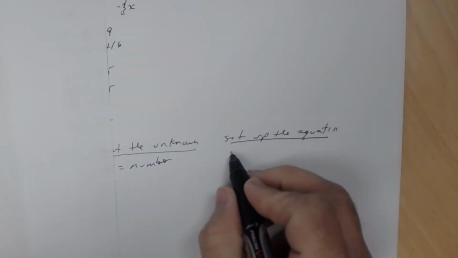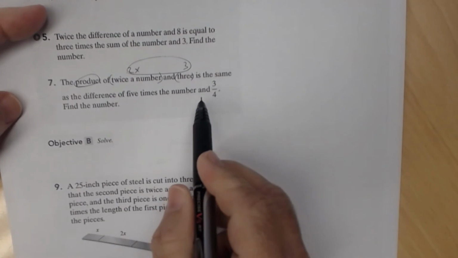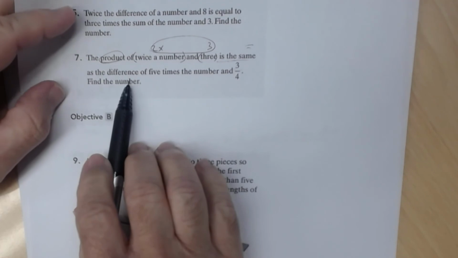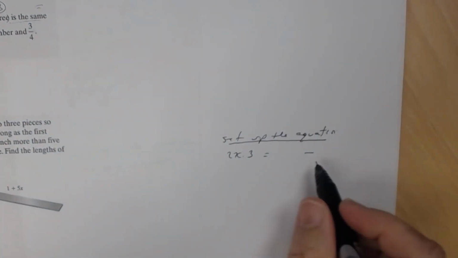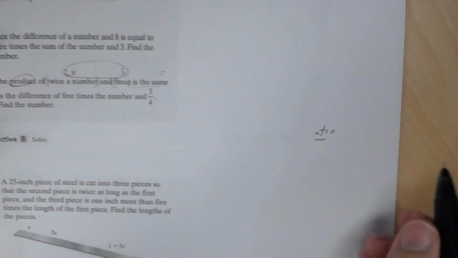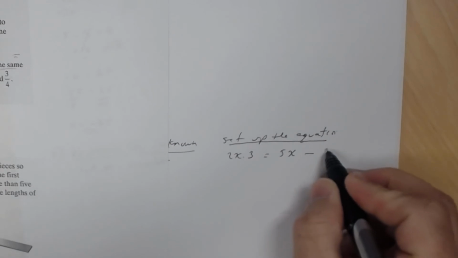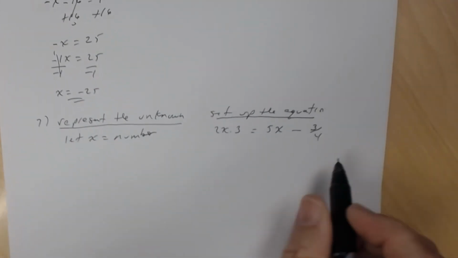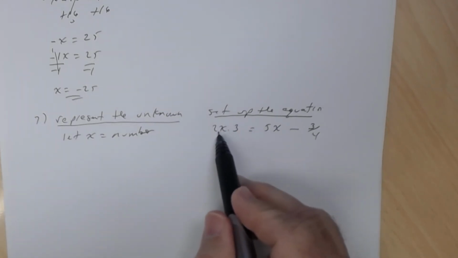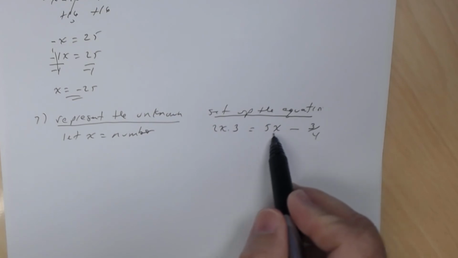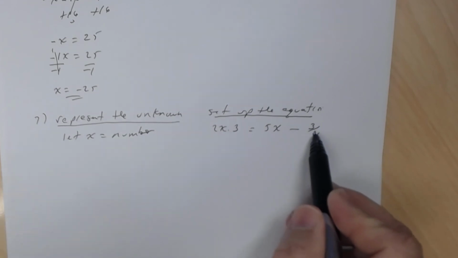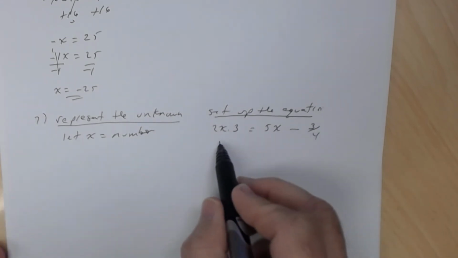So your setup is 2x times 3 is the same as, so that means equal, the difference, which means to subtract: you're taking the difference of 5 times the number and 3/4. So that's your equation.